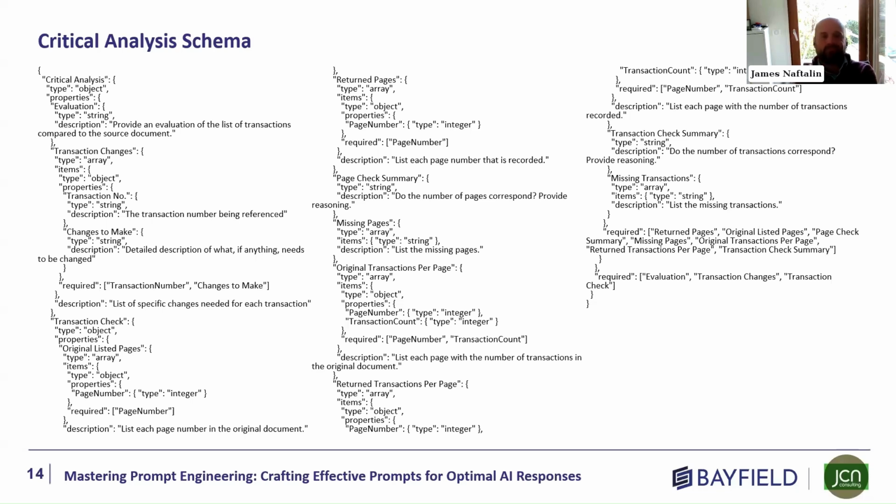Now, how does this link in with chain of thought? It is because when I initially started, the first time I tried to do this, I just said, check the source data with the response and check that it's correct. And as a lazy human would do, it said, yes, it's all correct, when in fact it wasn't.